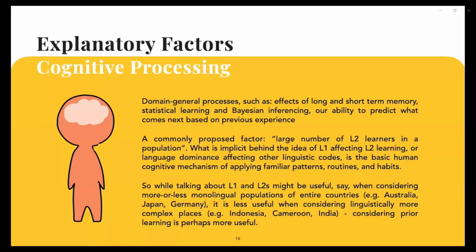And this is that kind of idea. So implicit behind this idea is that one's first language or one's dominant language has a real impact on the subsequent learning of linguistic structures later in life. So it's once you've passed that critical period that this is the kind of idea.